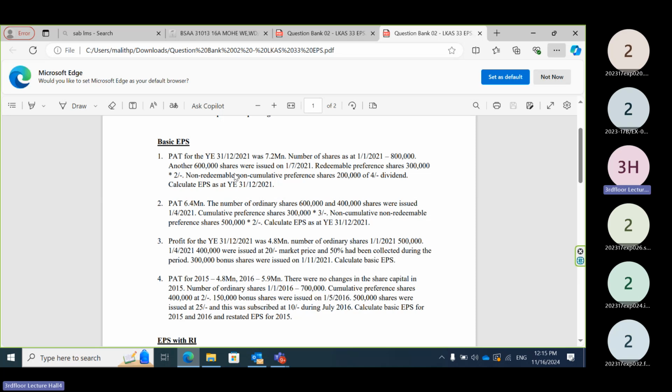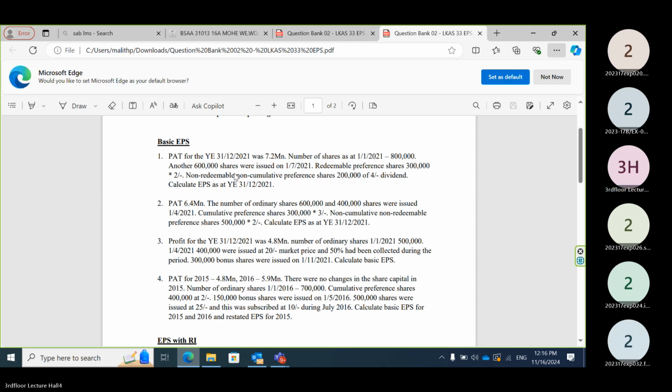Straight away, we can see that the 2021 profit after tax given is 7.2 million. Number of shares at 1st Jan 2021, 800. Another 600 shares were issued on 1st July 2021. So opening we have 800 shares.